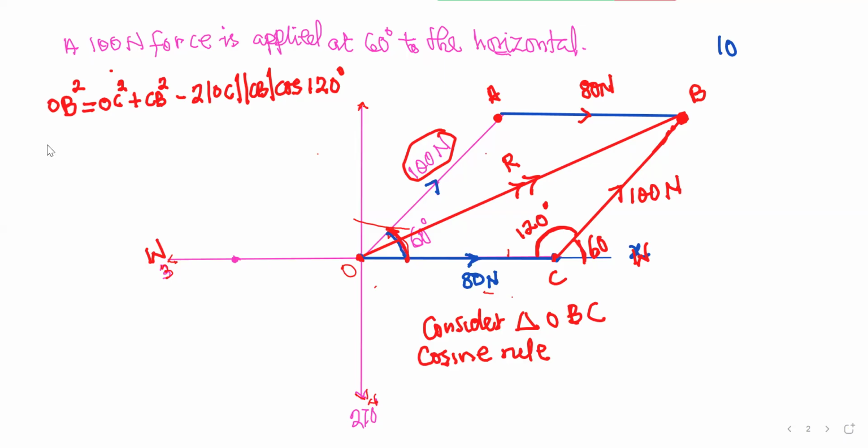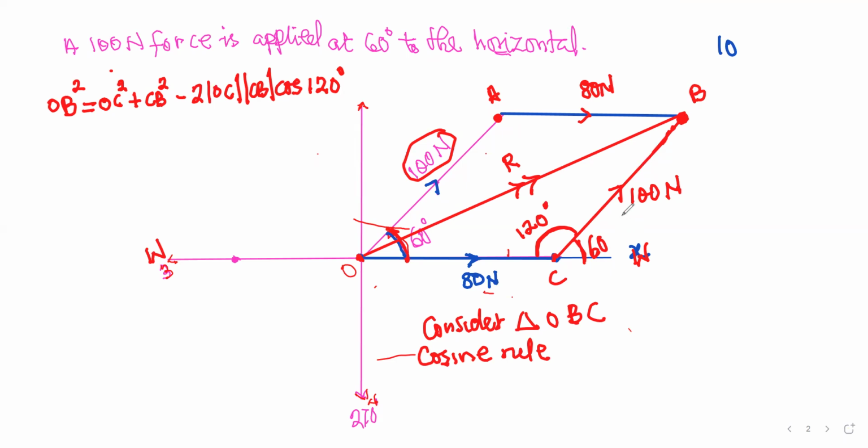So did you apply the same knowledge to get the 60 in the red mark? Good. And then you see, when two lines are parallel, they have the same slope or gradient. The angle between the horizontal and the 100 Newton force, and OA and CB are parallel, equal forces.